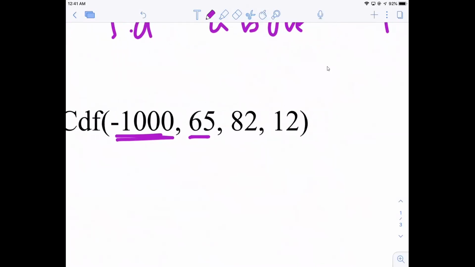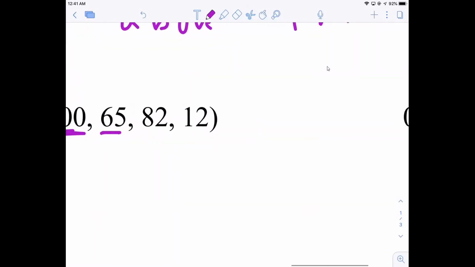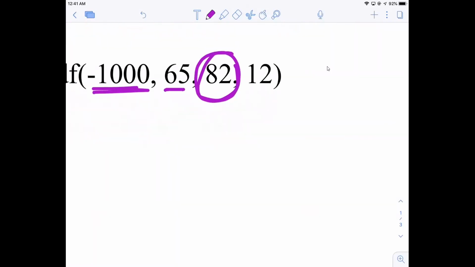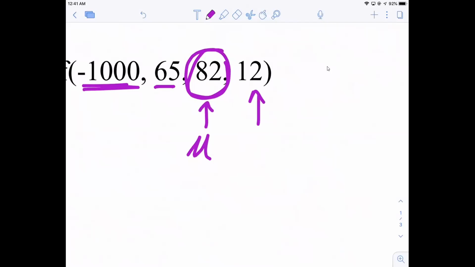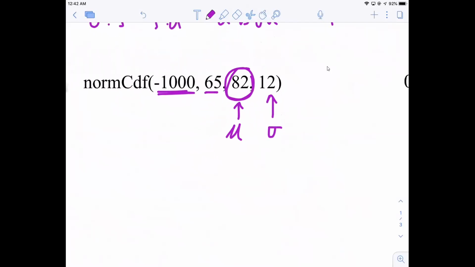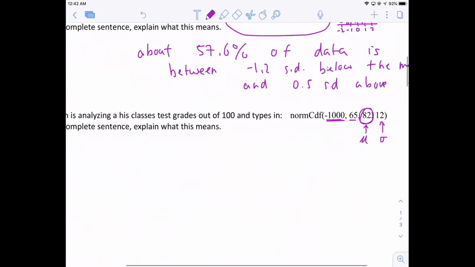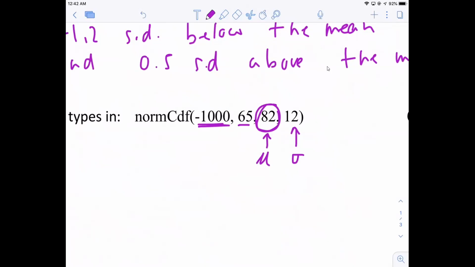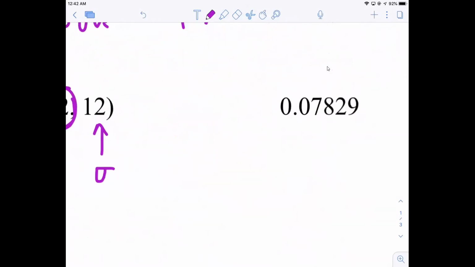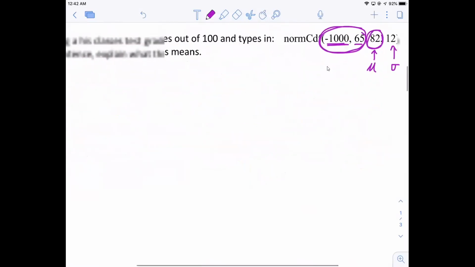Well, this is not using z-scores because I see the population mean here is 82, and the standard deviation is 12. So the average grade on this test was 82 with a standard deviation of 12. And students that scored between -1,000 and 65 was about 7.8%.